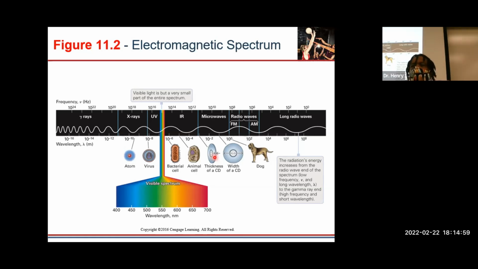The microwaves we use won't destroy our cells; they cook our food and warm those water molecules, but they don't destroy the water molecule. Radio waves are about the size of a dog, so that one wavelength is going to be about the size of a dog. And then we have long range radio waves, which are much bigger.